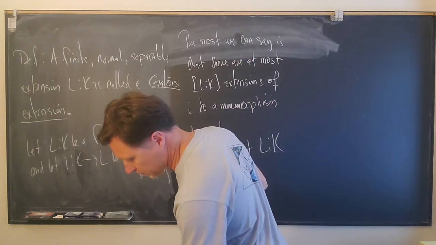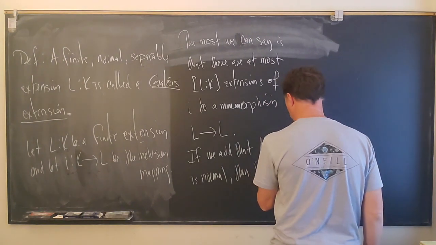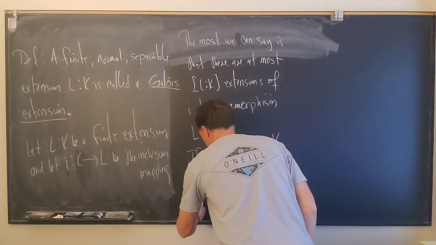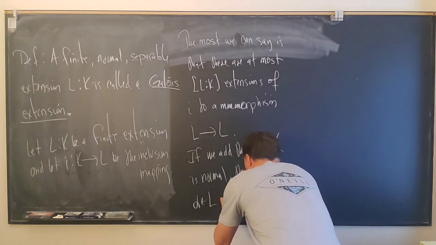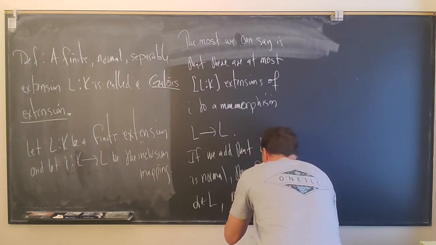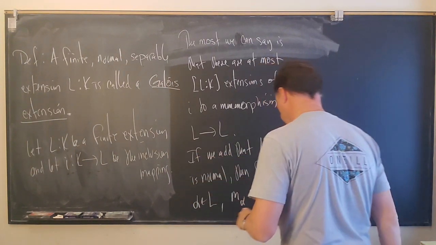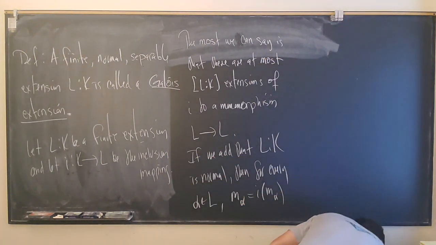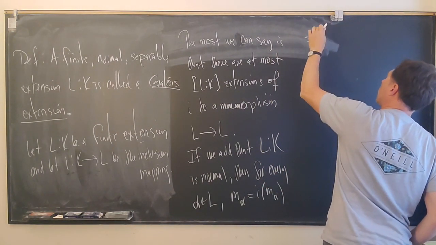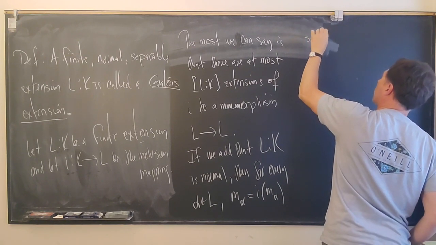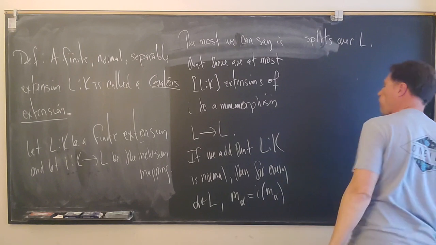If it's normal, then for every alpha in L, the minimal polynomial m sub alpha, which is I of m alpha because I is just inclusion, splits over L. Why is that?